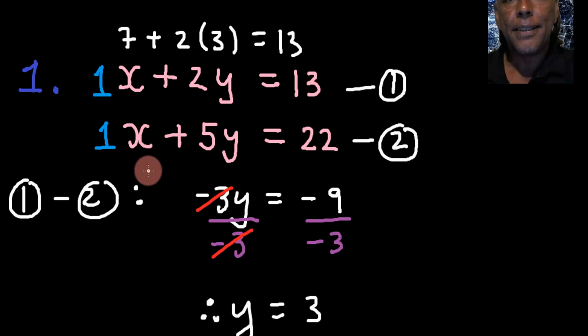Let's also check it with equation 2. So x plus 5y is 22, and we saw that x was 7 and y was 3, and this does give us 22. So we know that our answers are correct.